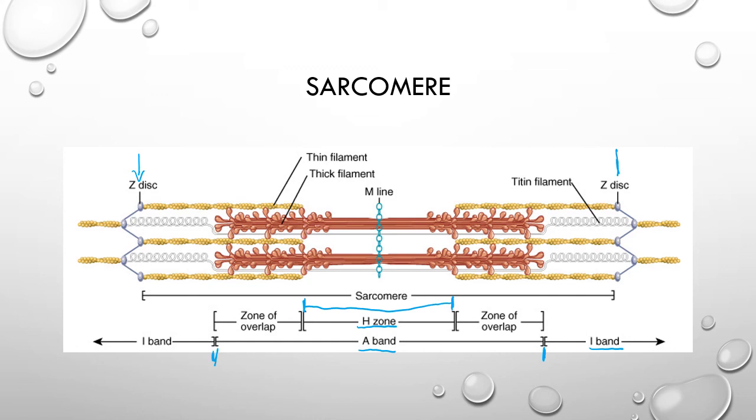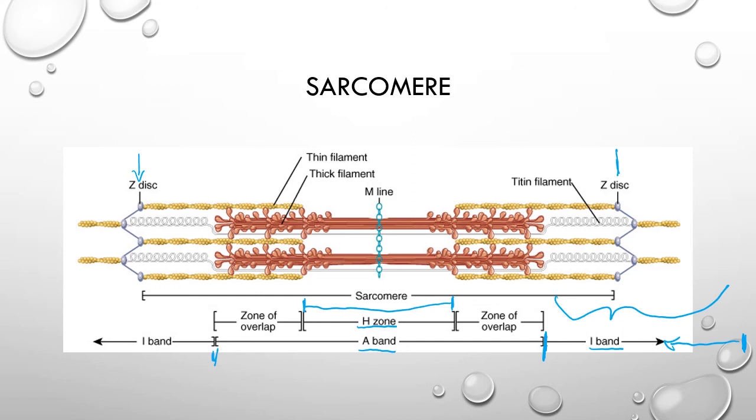The I band is the area where we have only thin filaments. It's going to go from this particular end of the thick filament all the way over into that other sarcomere, and up to the edge of the thick filament there. And this whole area here, where there's only thin filaments, this is our I band.